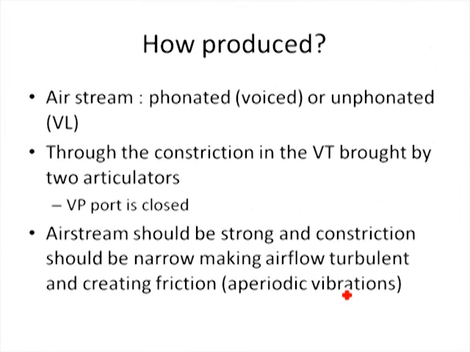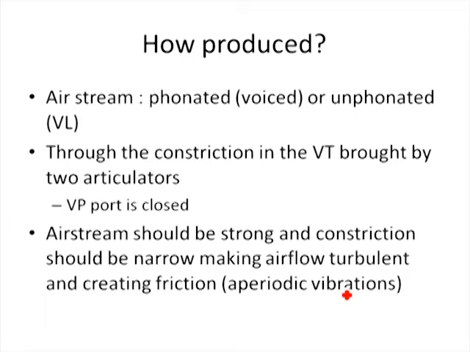Now, how is a fricative being produced? The airstream can be phonated or unphonated, voiced or voiceless, right? When that airstream comes through the constriction in the vocal tract, the constriction is brought by 2 articulators. The 2 articulators can be your teeth and your lips, or your tongue at your alveolar ridge, or your tongue at the palate, shh.